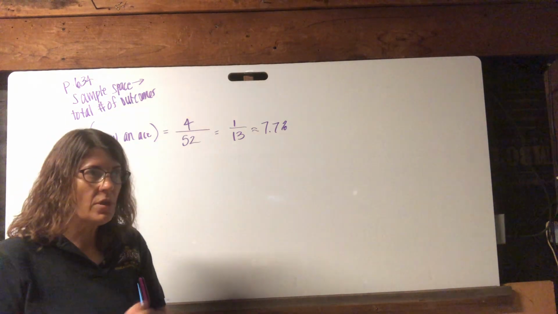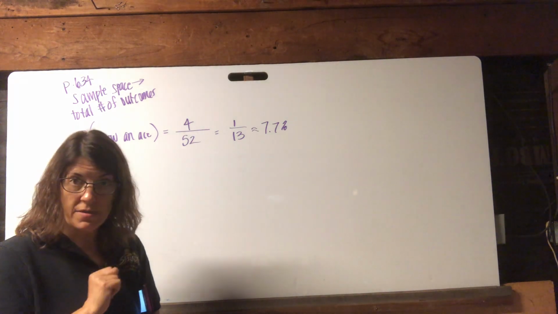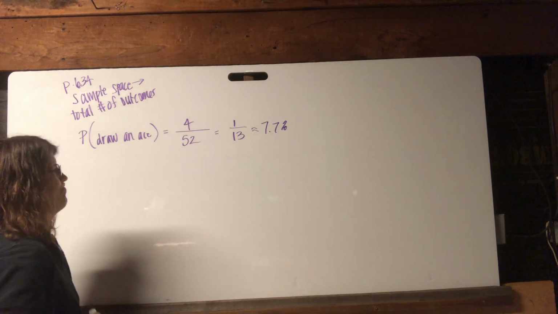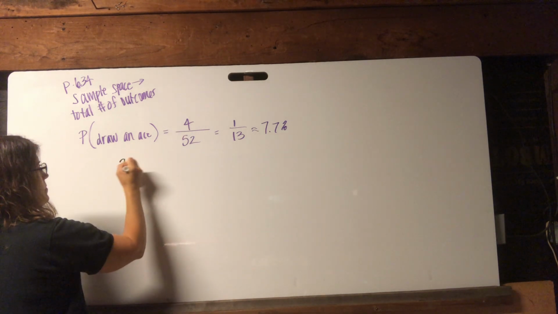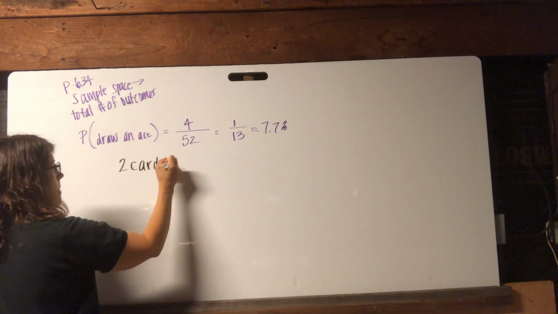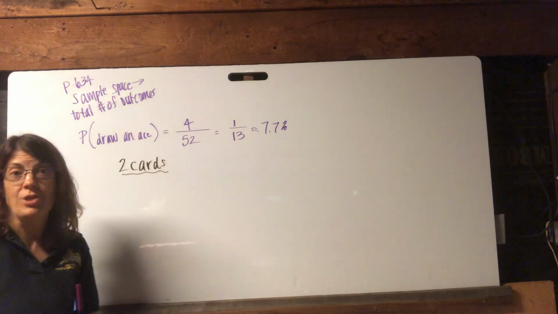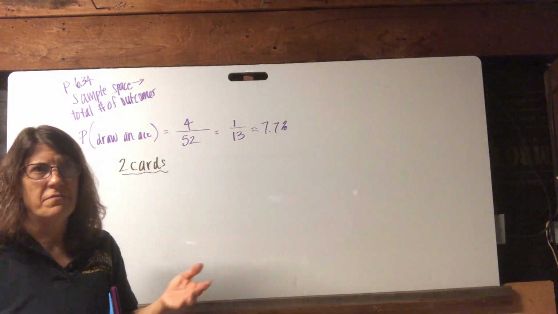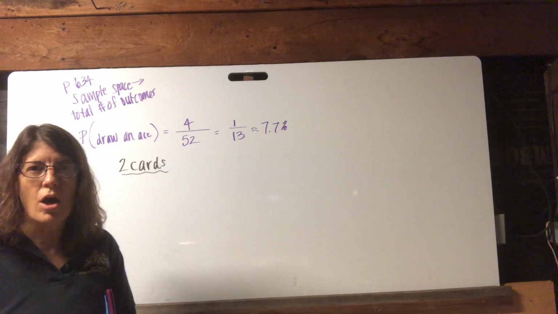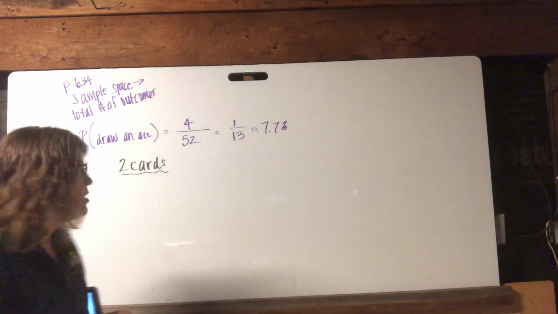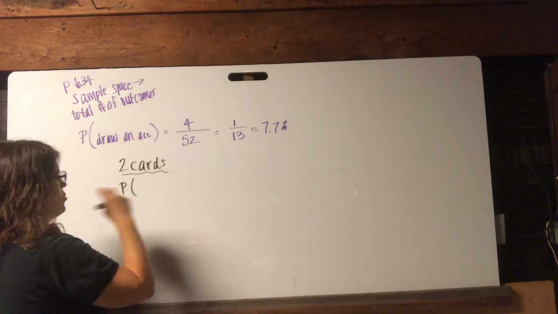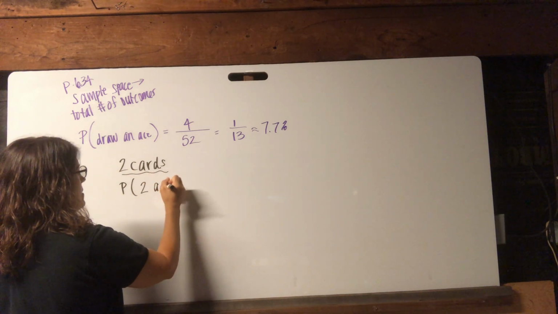Okay, let's draw 2 cards this time. 2 cards, blackjack, 21. It's the most common, or the most famous, I should say, 2-card game, blackjack. Here we go. I want to know what is the probability that you draw 2 aces.